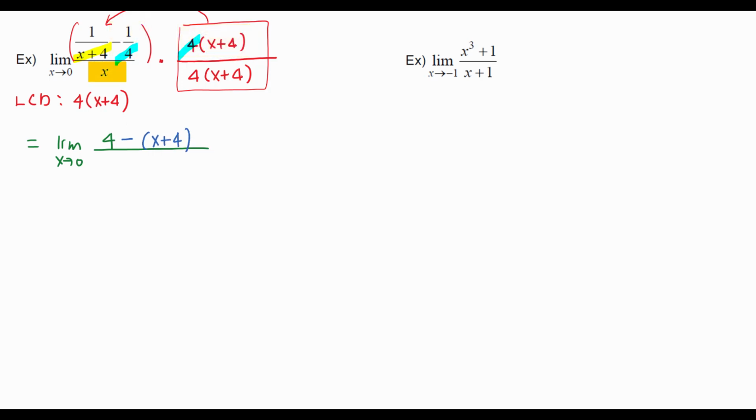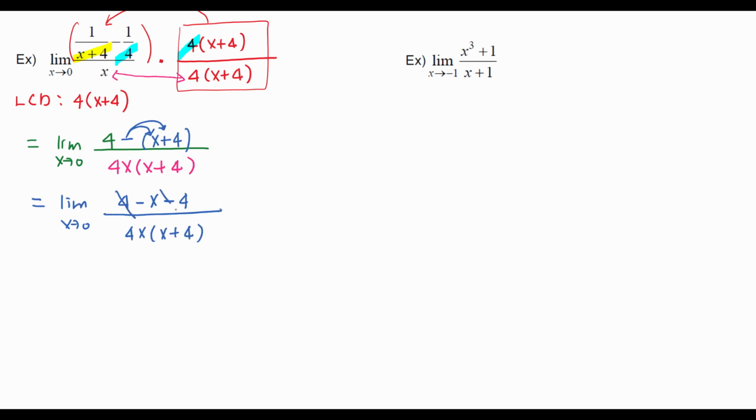Now the denominator is 4 times x plus 4. So now you distribute the negative on the numerator and simplify the expression. So you have a limit of 4 minus x minus 4 over 4x times x plus 4.